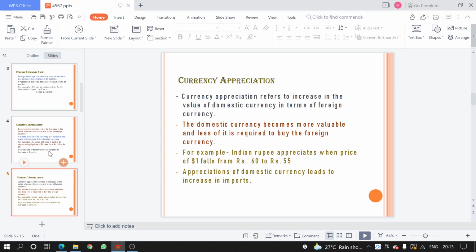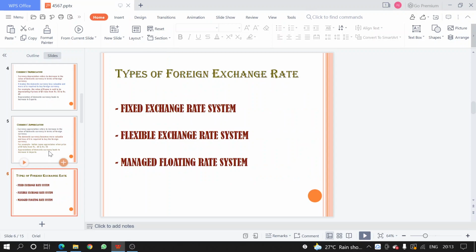It means we have $1 and we will gain 5 rupees. So in this case, you can say our rupee is appreciating or appreciated. Appreciation of domestic currency leads to an increase in imports.